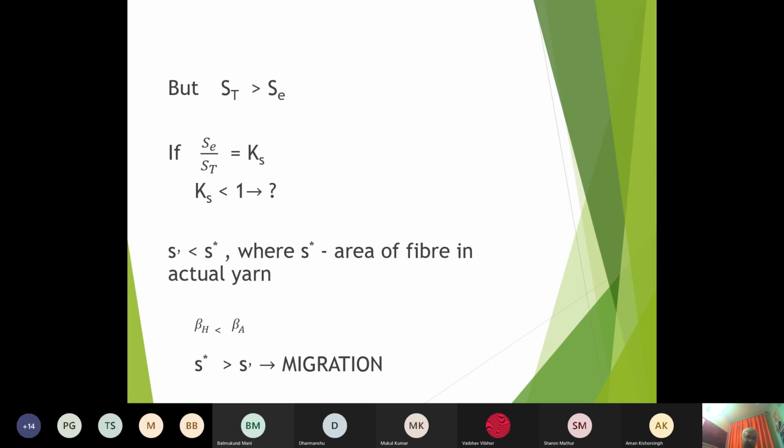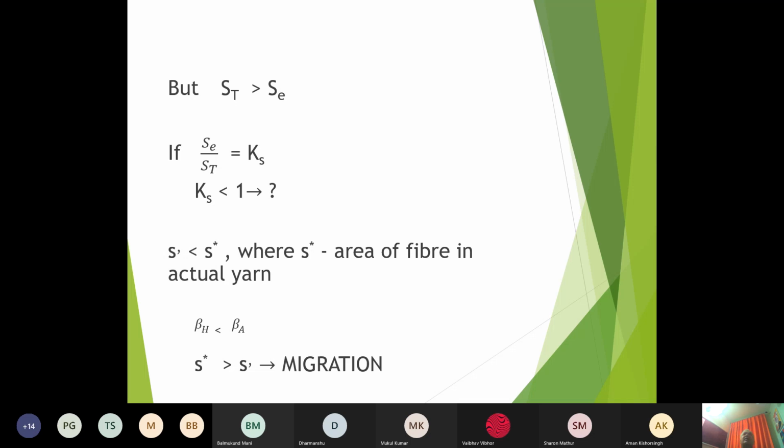So if my total area is increasing, we have to see whether the number of fibers is dominating or the increase in the area of fiber is dominating.